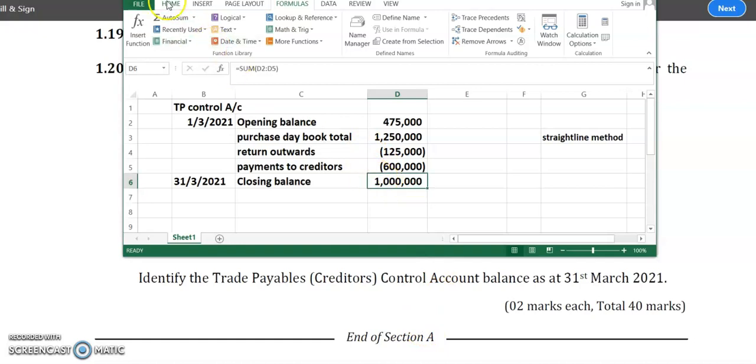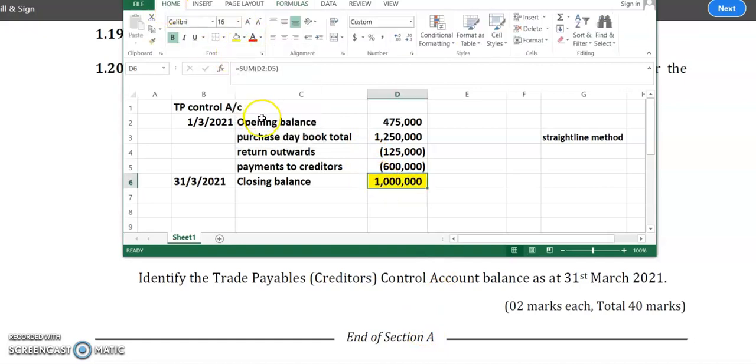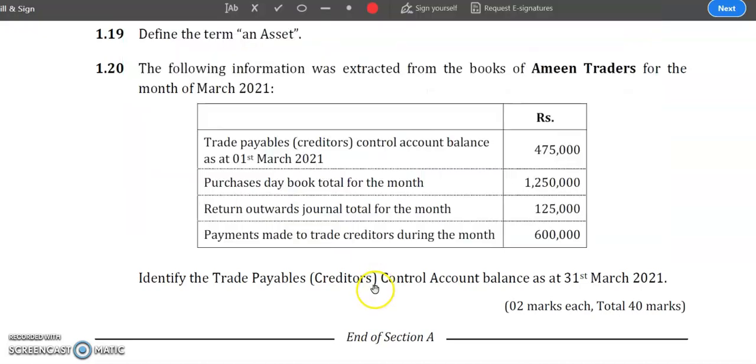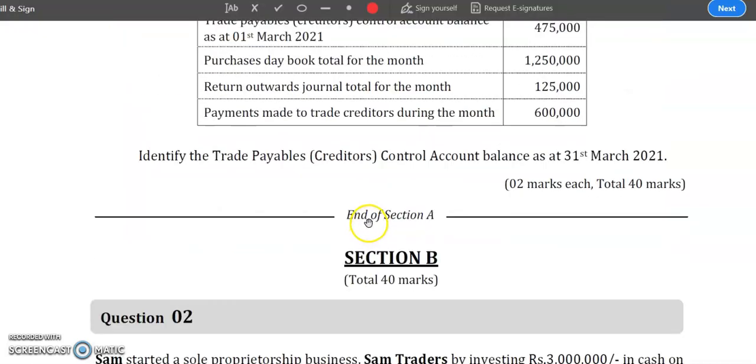So the answer is 1 million for this question.